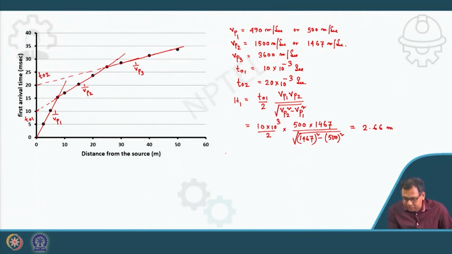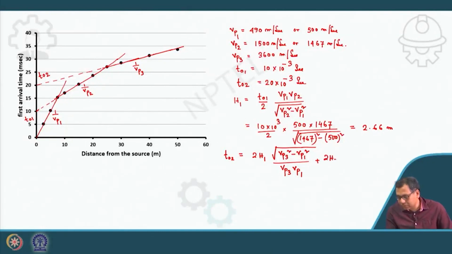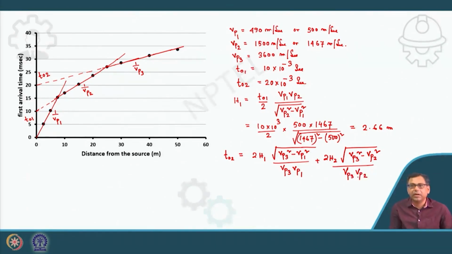Now I will get the Z2 or H2. The T02 expression is 2 into H1 root over VP3 square minus VP1 square divided by VP3 into VP1, plus 2H2 root over VP3 square minus VP2 square divided by VP3 and VP2.